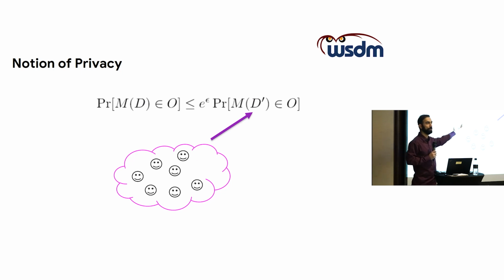If we output nothing every time, these two are going to be equal. But we are doing something, we are revealing some information, and we are measuring this change with this e to the epsilon and maybe some delta here. So this is the definition of epsilon-delta differential privacy. I'm not going to go too much into theory, but it's just saying that when you look at the output, you cannot guess anything about one specific user.